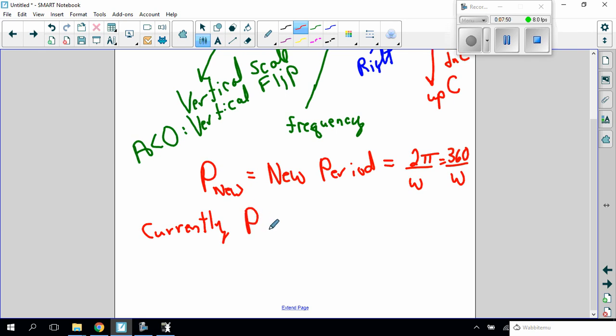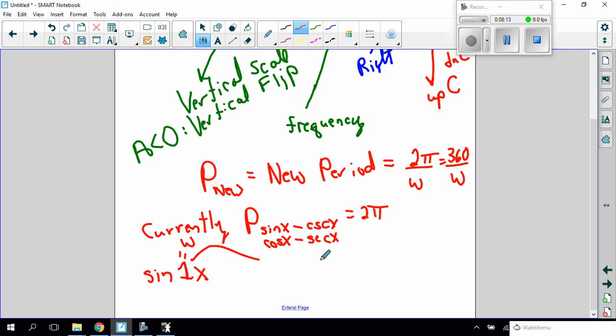Currently, the period for sine x, cosine x, and their buddies, cosecant x and secant x, is 2 pi, because it's sine 1x, where omega is 1. You can plug a 1 in there, and it's 2 pi.